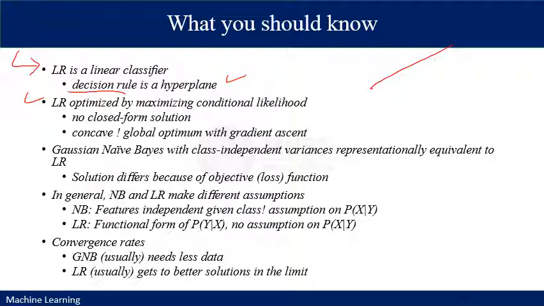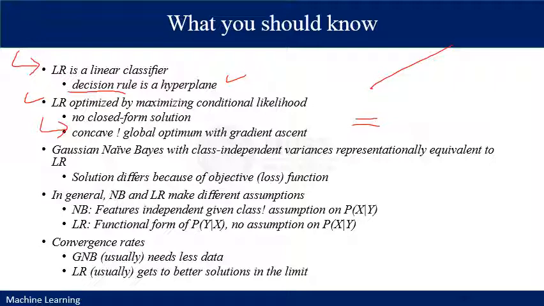As you recap, in the linear regressor, you had a closed form solution or the normal equation, but in this case you do not have the closed form solution. Instead you have a concave method. For the concave method, you use the global optimum with gradient ascent, which is the opposite of gradient descent. However, gradient ascent is equivalent to gradient descent.